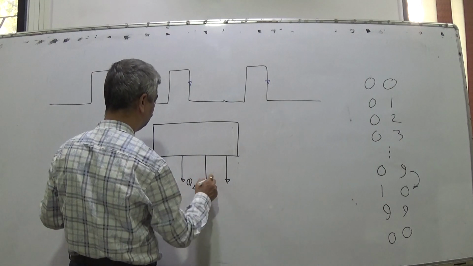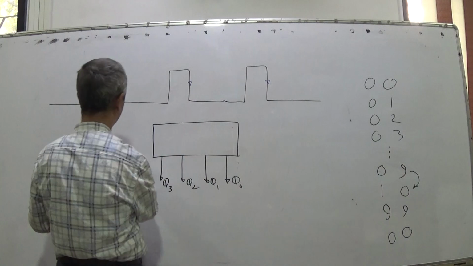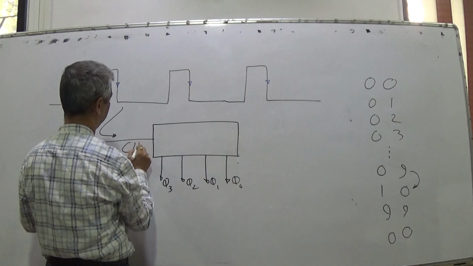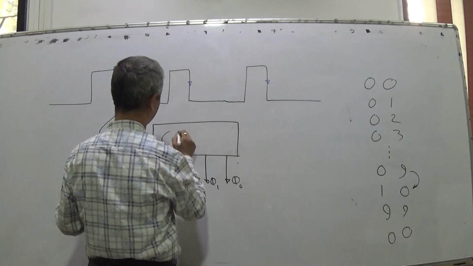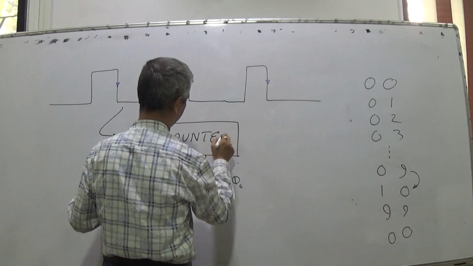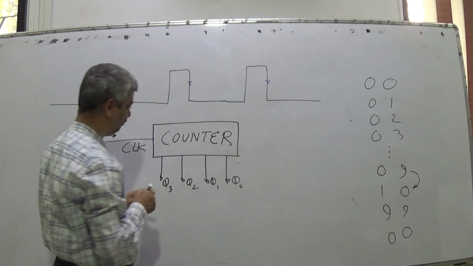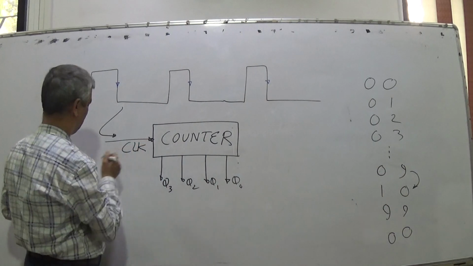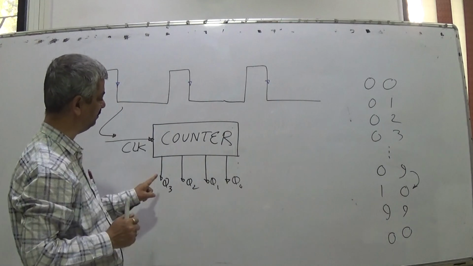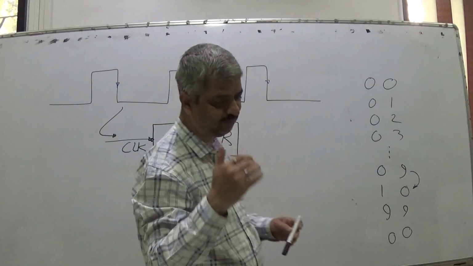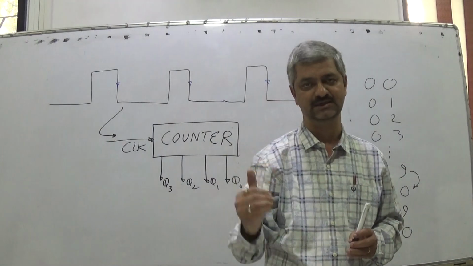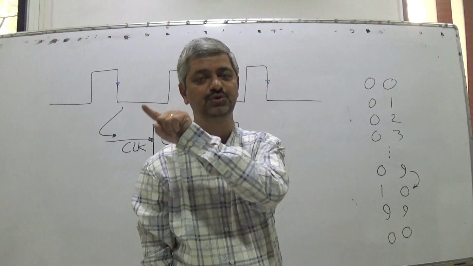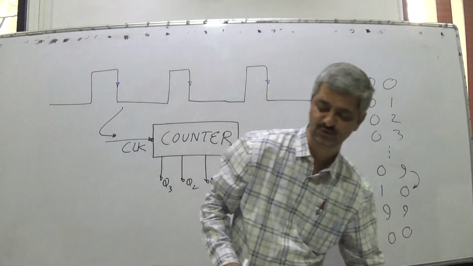Q3, Q2, Q1, Q0, and this is the clock. So for a counter, whenever one falling edge comes at the clock input, the counter should move to the next state. Initially all values of the outputs Q3, Q2, Q1, Q0 are 0, 0, 0, 0.